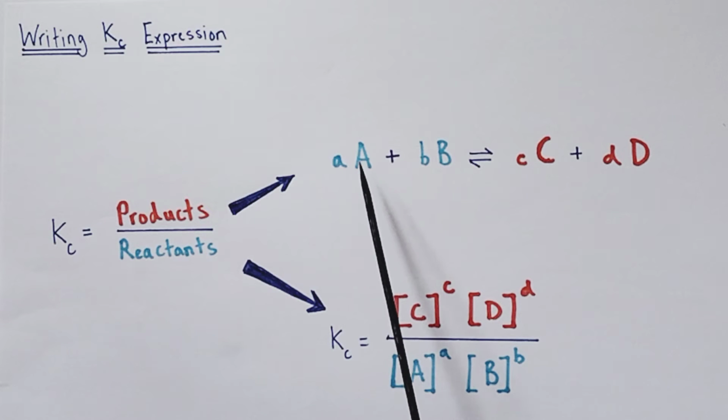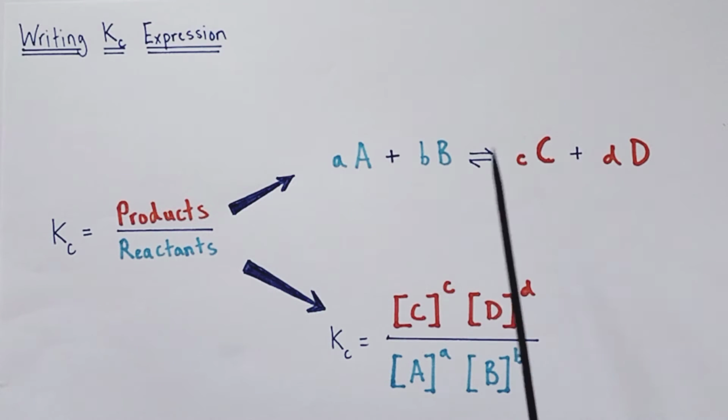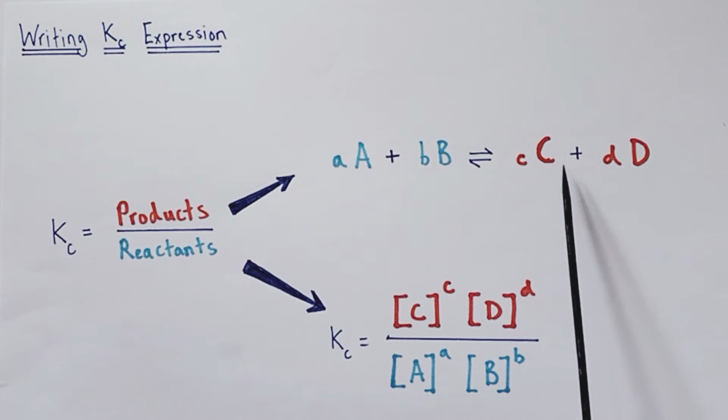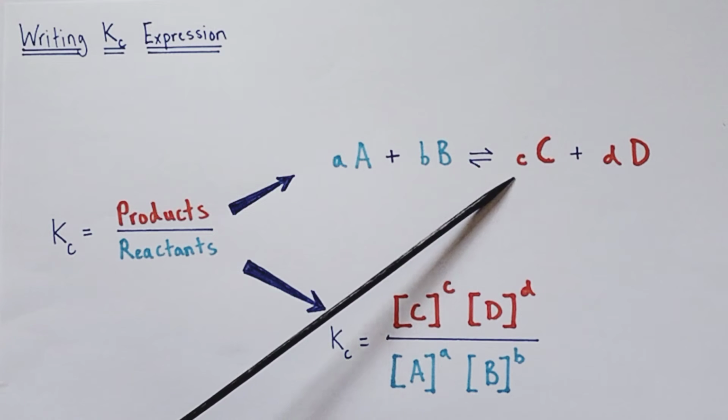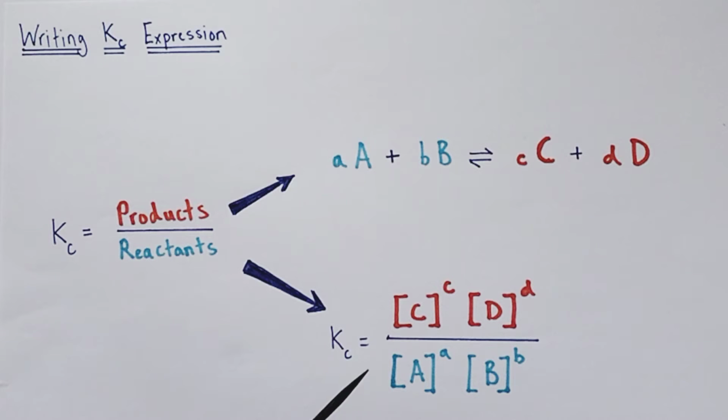This is a certain number of moles of reactant A reacting with a certain number of moles of reactant B to form a certain number of moles of product C and a certain number of moles of product D. So what we do is we place the concentration of product C raised to the power of that coefficient in front for the number of moles reacting in the balanced equation, multiplied by the concentration of D raised to the power of its number of moles from the balanced equation, divided by the concentration of A, again raised to the power of number of moles, the coefficient in the balanced equation, and the concentration of B raised to the coefficient number of moles reacting of B in the balanced equation.